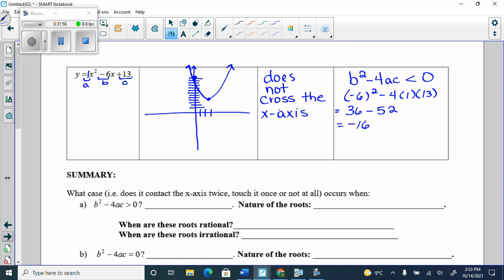Negative 16. What happens when I get a negative under the square root? Can I keep going? If I go square root of negative 16, my calculator is going to be like, not happening today, Lloyd. Stop. So you wouldn't actually be able to finish the quadratic formula. You'd have to just stop. It would be done. What is this number called? The discriminant.